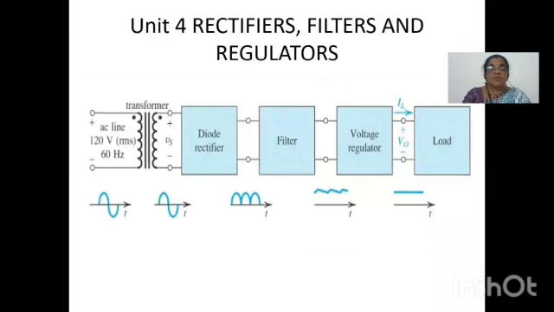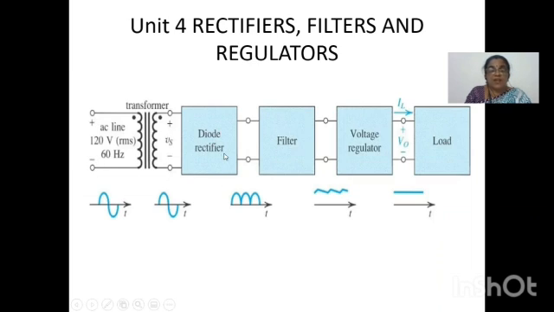After studying this, we'll be moving on to the fourth chapter, that is rectifiers, filters and regulators. Why are these required? Why do you need to study this? See, the power is manufactured in the form of AC. In many applications, we need DC. So first of all, we'll be using a transformer to reduce the magnitude of the alternating current.